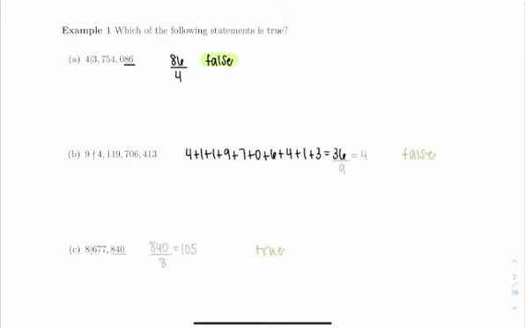And is 36 divisible by 9? It is. You would get 4. Since this is divisible, the entire number has to be divisible. So because we have that bar inside my vertical line, this is a false statement because it is divisible.